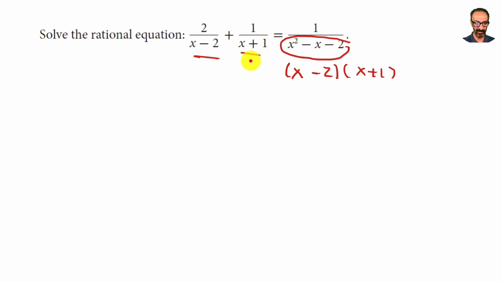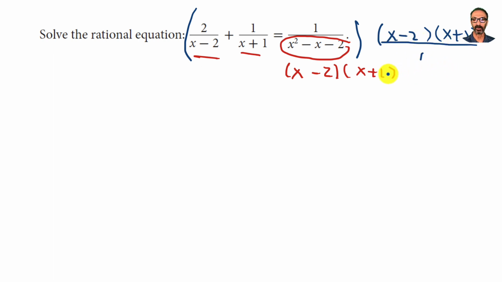So that's my LCD. All right. So one way to do it is you multiply everything left and right by the LCD, which means you're going to cancel all of them. So you multiply left and right by x minus 2 times x plus 1 over 1.